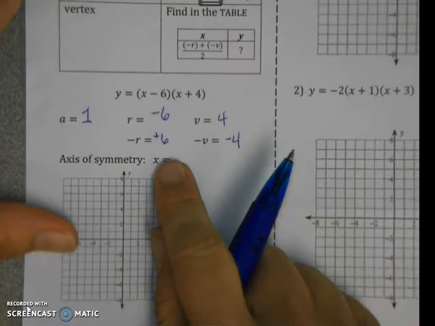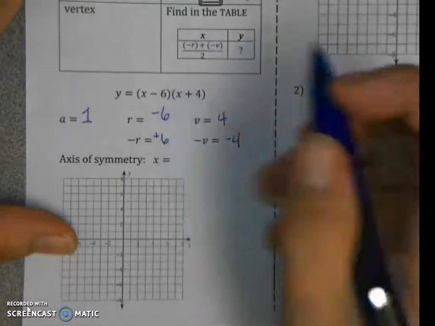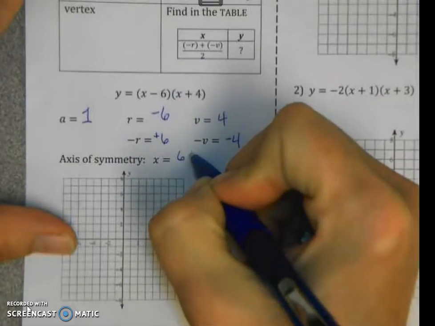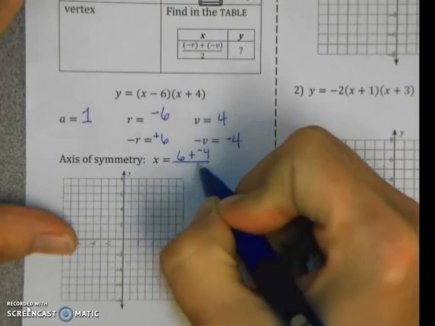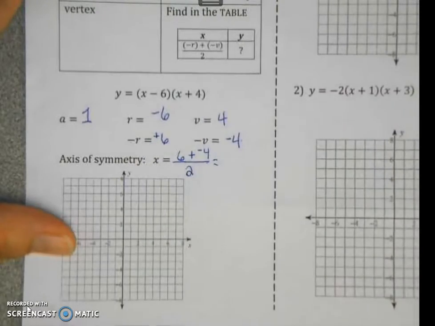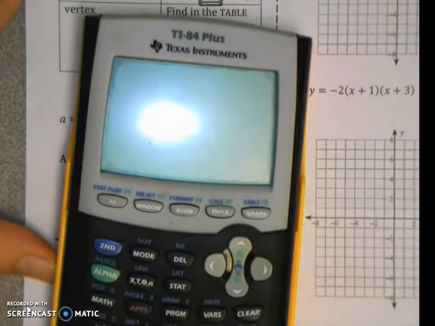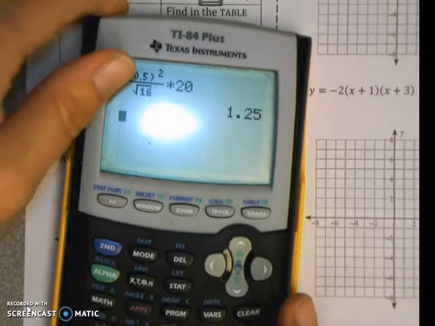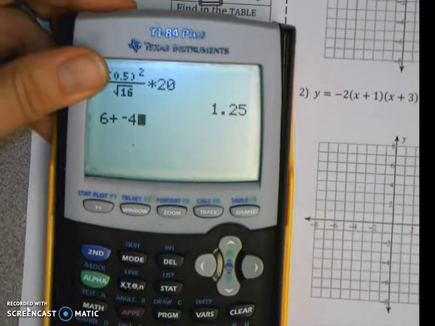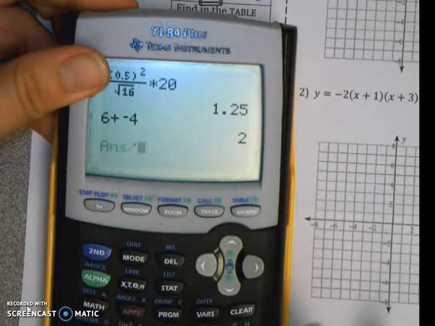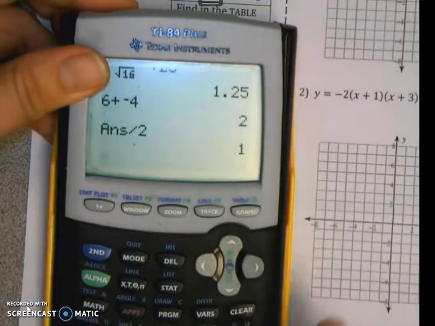The axis of symmetry, take the opposite of R, which is 6, add it to the opposite of V, which is -4, and then divide by 2. So in my calculator, if you're having too much of a time, you want to take 6 plus -4, press enter, divide by 2, and you get 1.